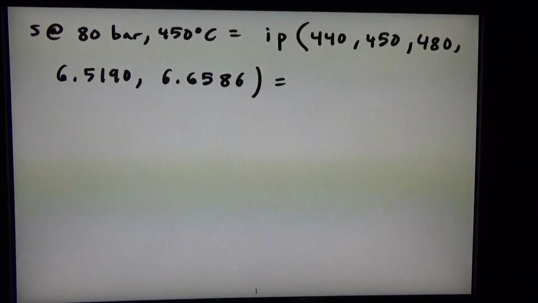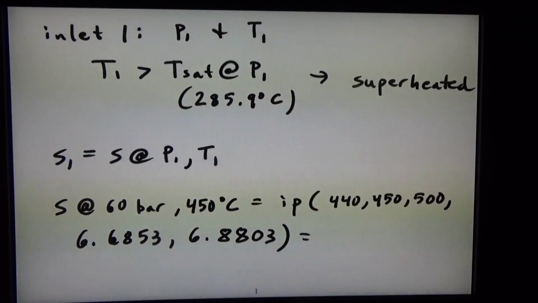Alright, so let's go ahead and calculate those two numbers. First was S at 60 bar and 450 Celsius. So for that one, I'm going to save this as something, I'm just going to call it SA.